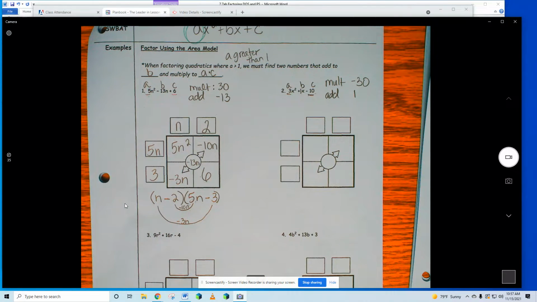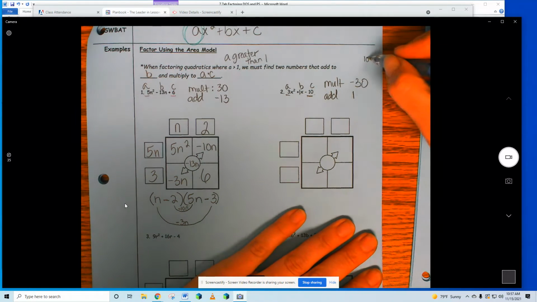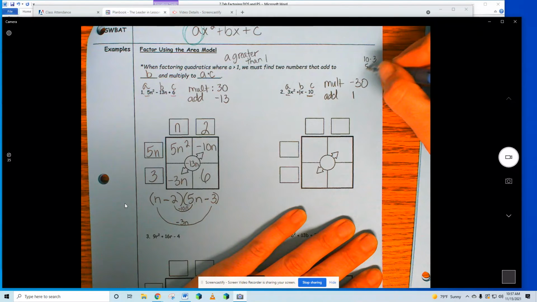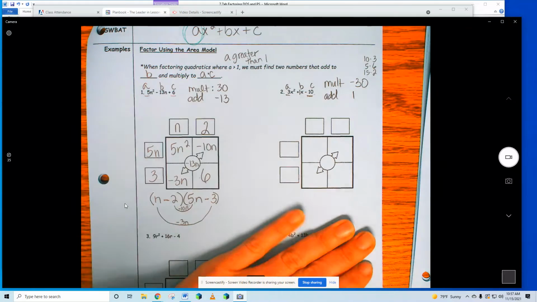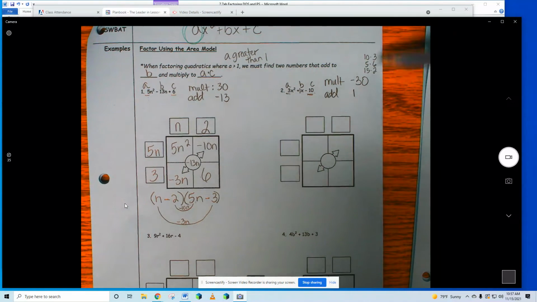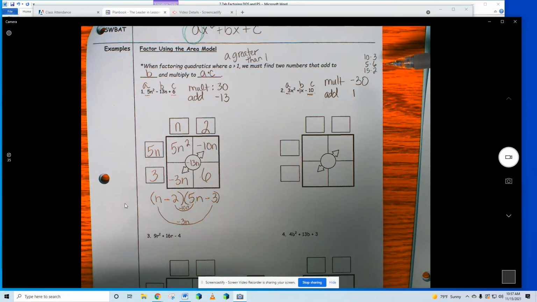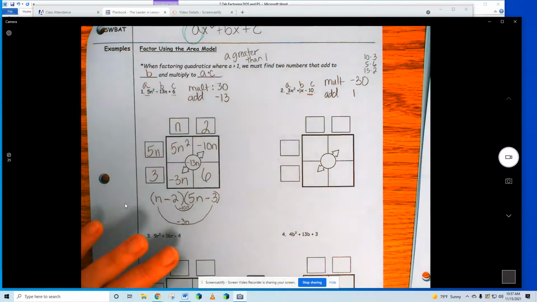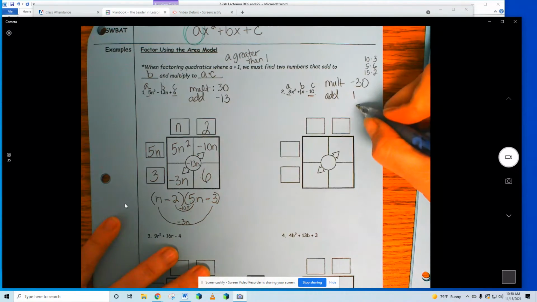What numbers multiply? And so you sit and you go 30. 30 is 10 times 3, 5 times 6, 15 times 2, right? Which of those is going to make a 1 when I add or subtract? 5 and 6. So it's going to be 5 and 6.